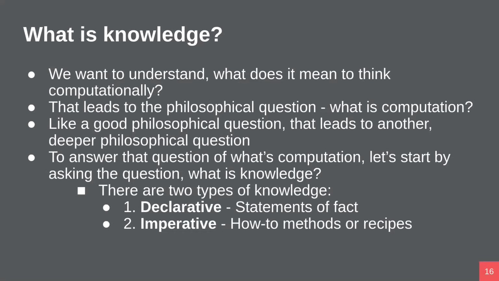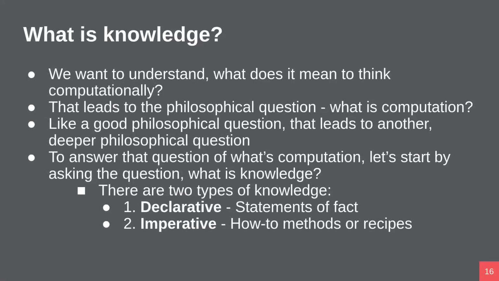You know those facts, but that doesn't mean that you have the imperative knowledge to change a fuse box in a house, unless you happen to be an electrician and you're studying this course and you're also an electrician. If that's the case, then you have both the knowledge of fact, what a fuse box is, what a screwdriver is, and you also know how to put those things together to make it work. So those are the two different types of knowledge there are.